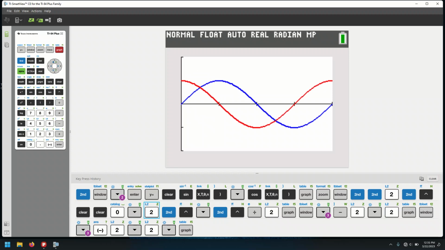Did you see how essentially we have the same function? They're just shifted 90 degrees. For example, the maximum point on the sine function occurs at 90 degrees or pi over 2. The maximum point on the cosine function is shifted 90 degrees from the maximum point of the sine function.